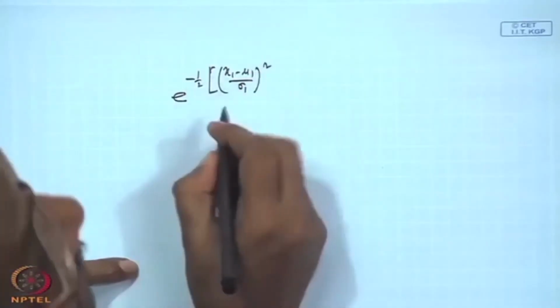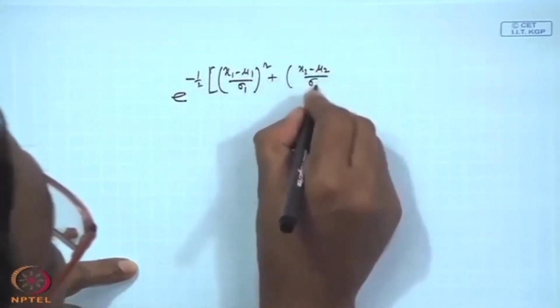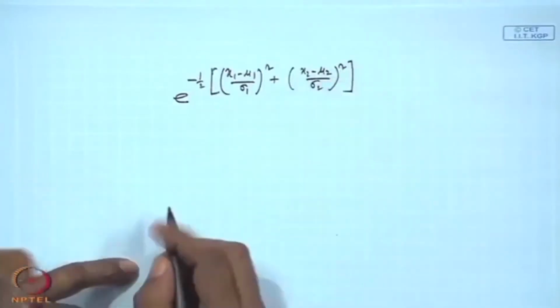Now, what will happen to your constant exponent term? In the two variable case, we found the exponent term: x1 minus mu 1 by sigma 1 square plus x2 minus mu 2 by sigma 2 square.